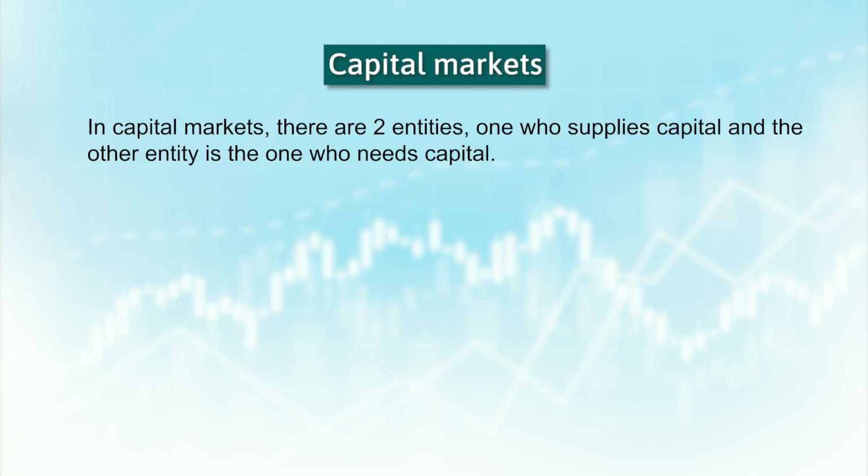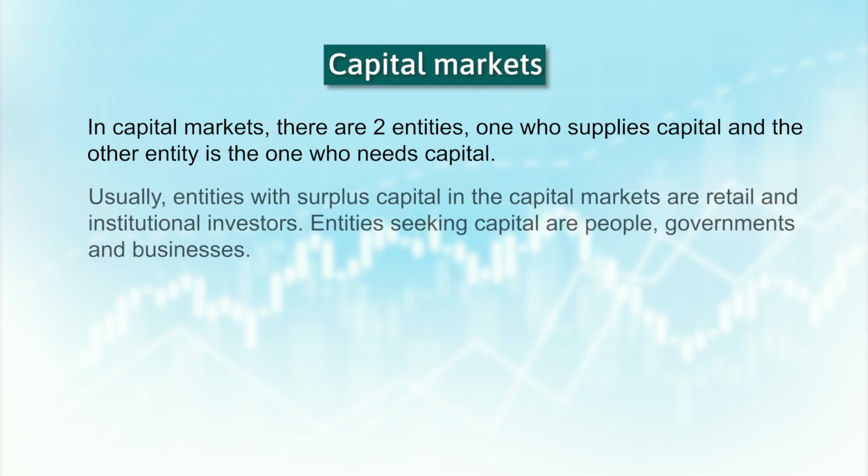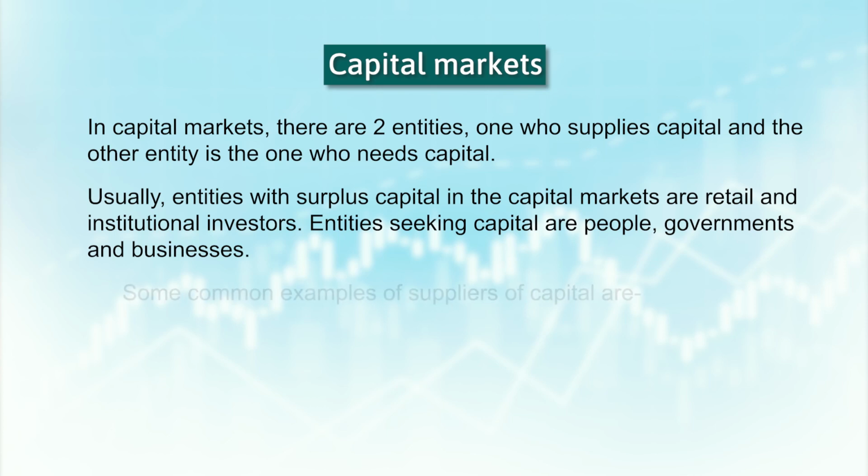One who supplies capital and the other entity is the person who needs capital. Usually, entities who have surplus capital in the capital markets are basically the retailers and the institutional investors. And the entities who are seeking capital are mainly the people, the governments, and of course, the businesses.